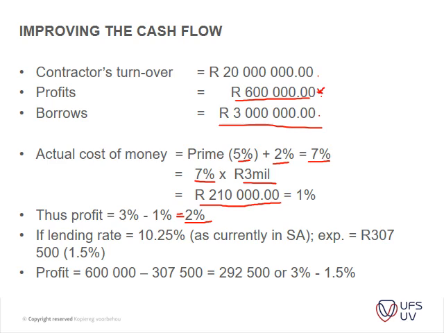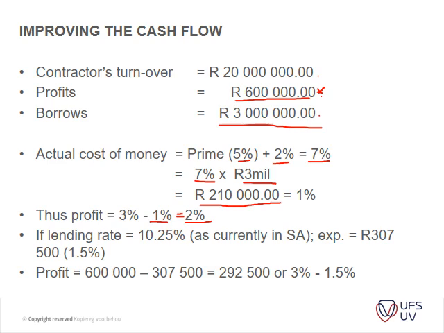So you lose 1% of the 3% profit that you actually wanted to calculate. Now if you do that calculation, 1 divided by 3, it's almost a third of your profit that you lose by just paying interest on that 3 million.